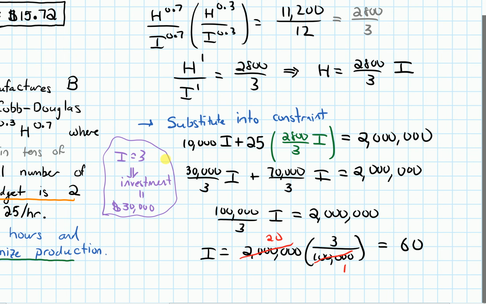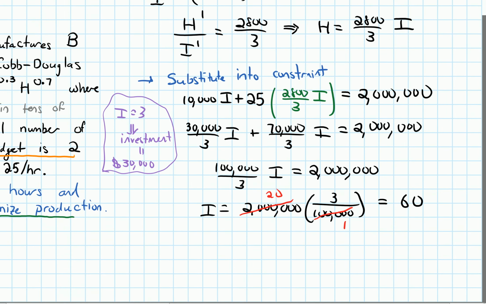Okay, and recall, ultimately when I need to write this down, I'm going to need to remember my units. The units of I were tens of thousands of dollars. So let's remember that. Okay, so we can now take this and plug it into our equation for H. So H is going to be 2,800 over 3 times I, so times 60.